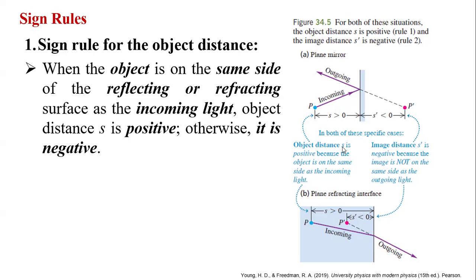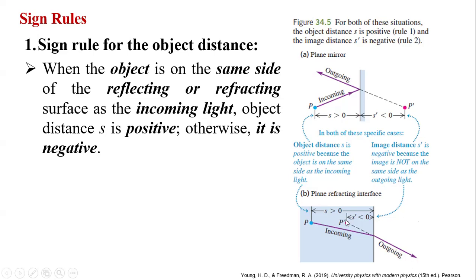Therefore, the object distance is positive. Otherwise, it is negative. We can see here that the image distance s prime is negative because the image is not on the same side as the outgoing light. How about here? We have the object distance, which is on the same side as the incoming light, so positive.